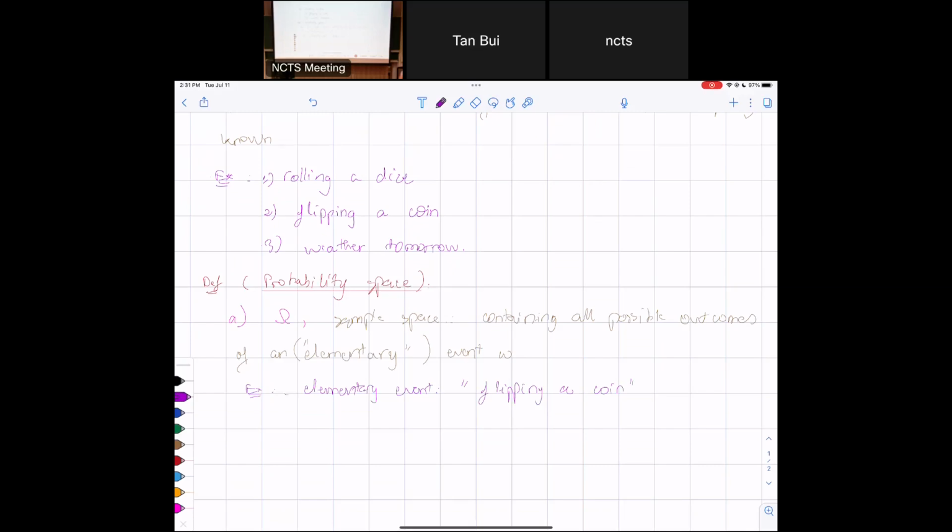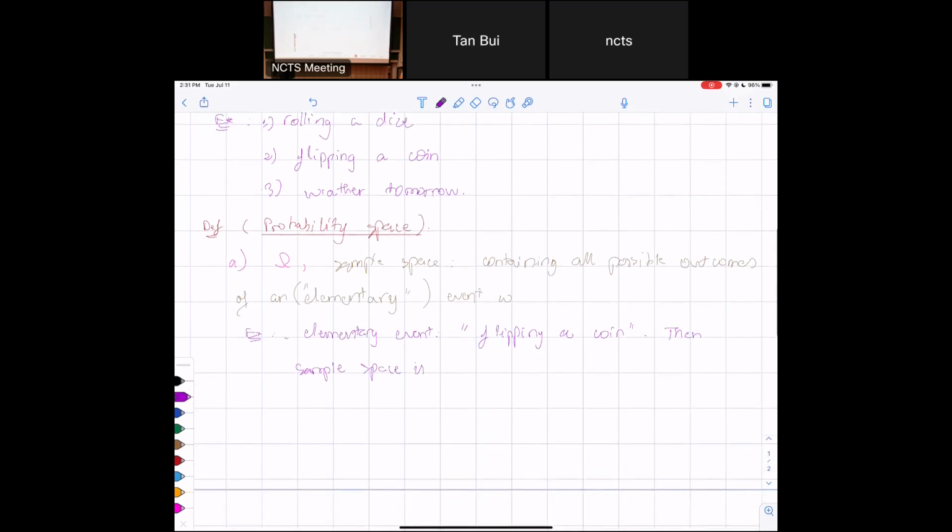Okay, then the sample space is the following thing, right? The sample space is all possible outcomes. So we have only two possible outcomes, right? Of course, we're talking about a fair coin here. So either head or tail. It's either head or tail.